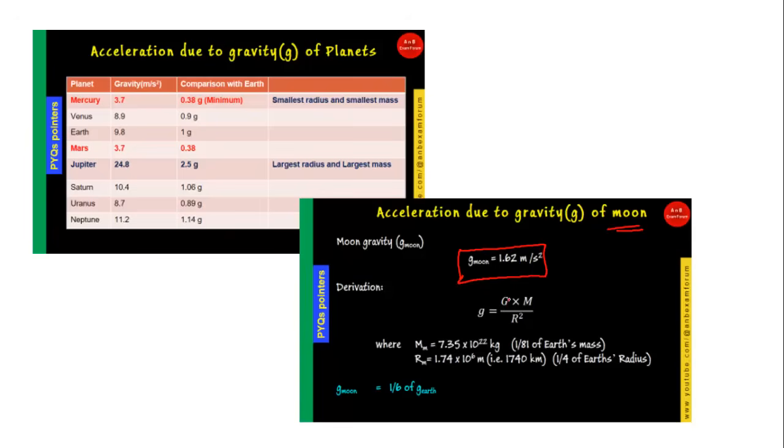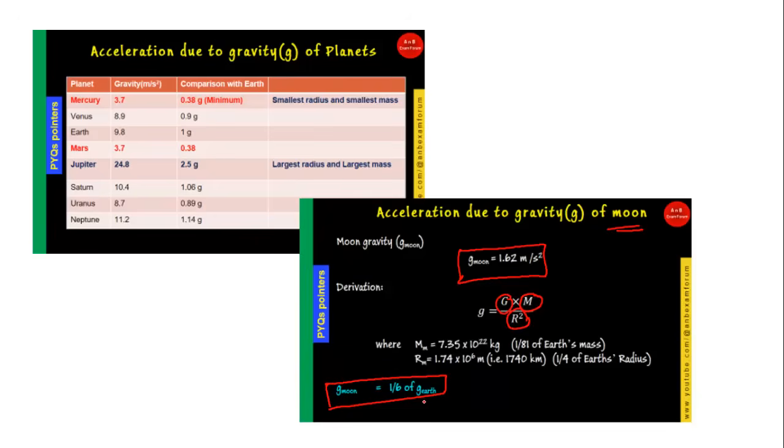You know G, you know the mass of the moon, and you know the radius of the moon. Basically, it is about 1/4 of the Earth's radius, and the Earth's mass is about 81 times the moon's. If you substitute those values, you will get the gravity on the moon is 1/6 of the gravity of the Earth.